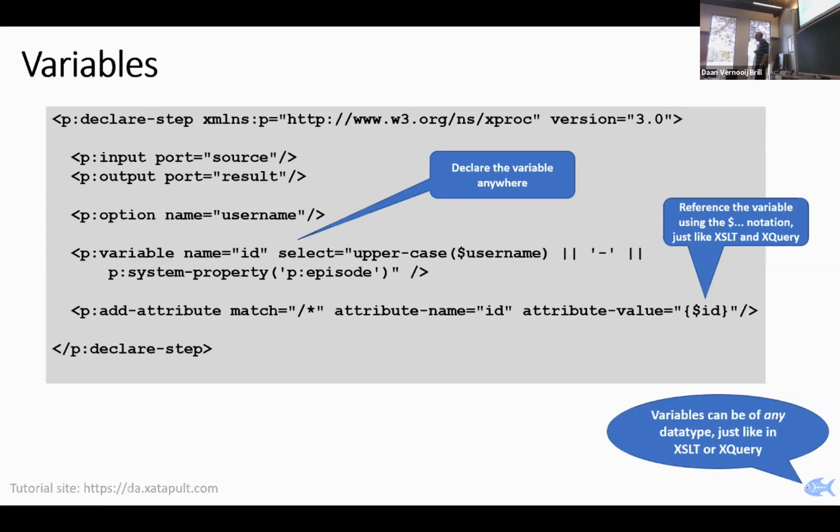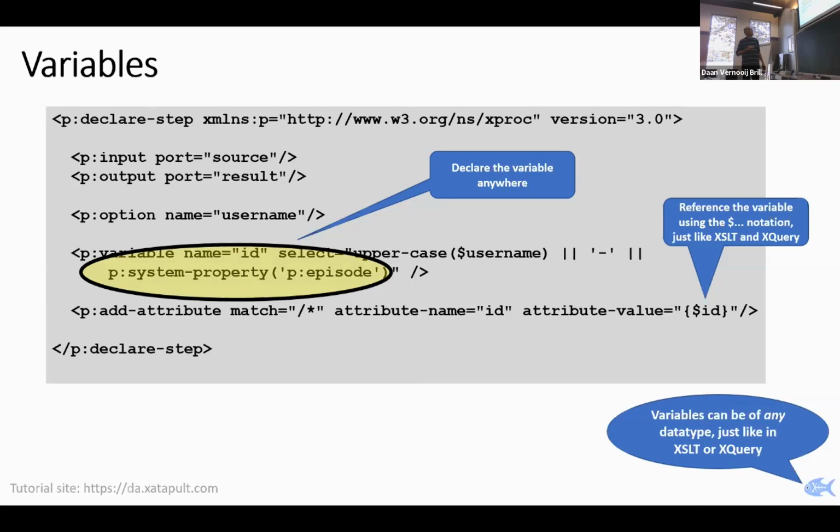And you can type your variables with as, is xs:string, or xs:integer, or whatever you want. Variables can be of any XDM type, so it can be element, document, attribute, whatever you want. Maps and arrays? Maps and arrays, yes, sure. Any XPath 3.1 thingy. Yes.